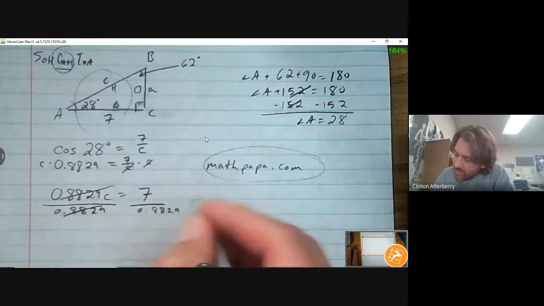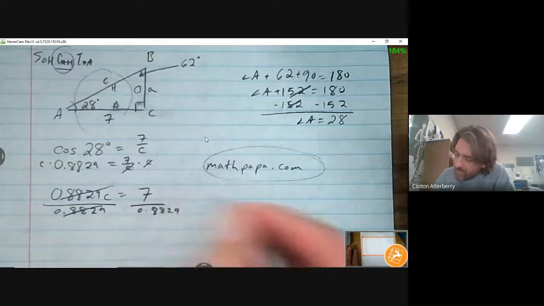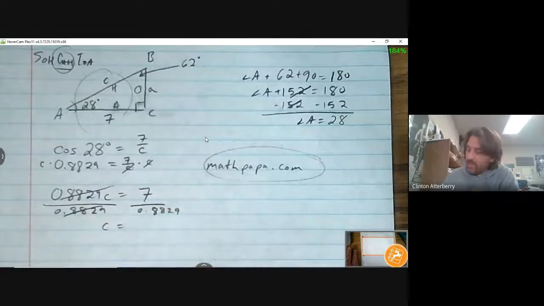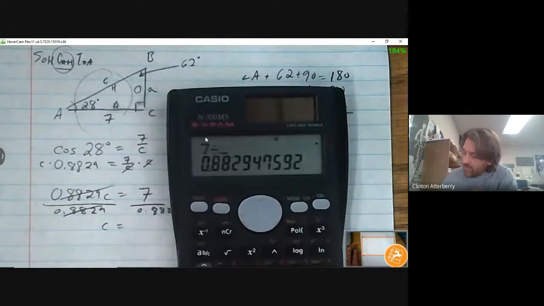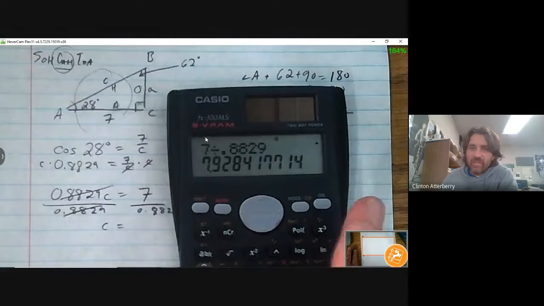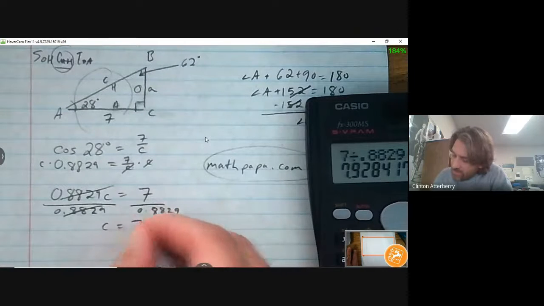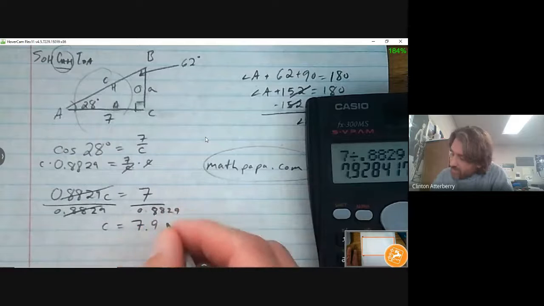And that will cancel, cancel, cancel. So what's left on the left side is just c, and what's left on the right side is going to be 7 divided by 0.8829. And we get 7.928. Let's just write all that out, and we'll see if we have to do problems later.